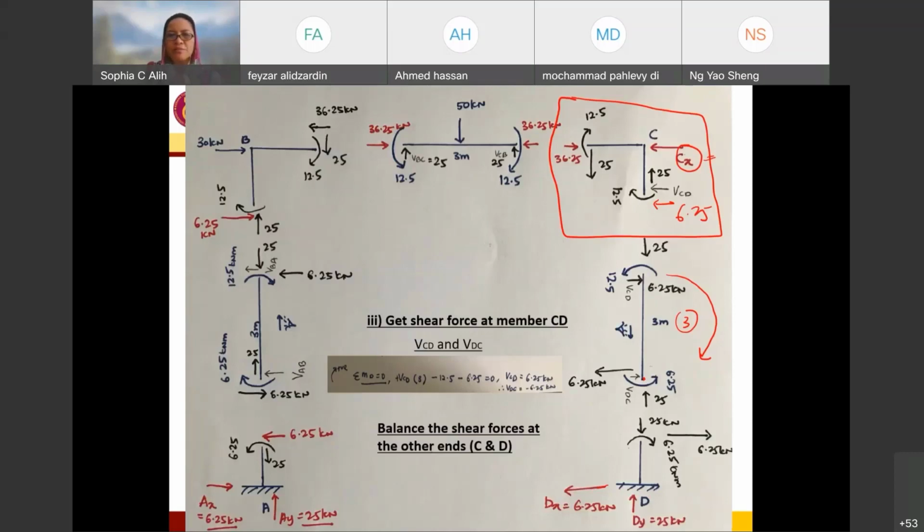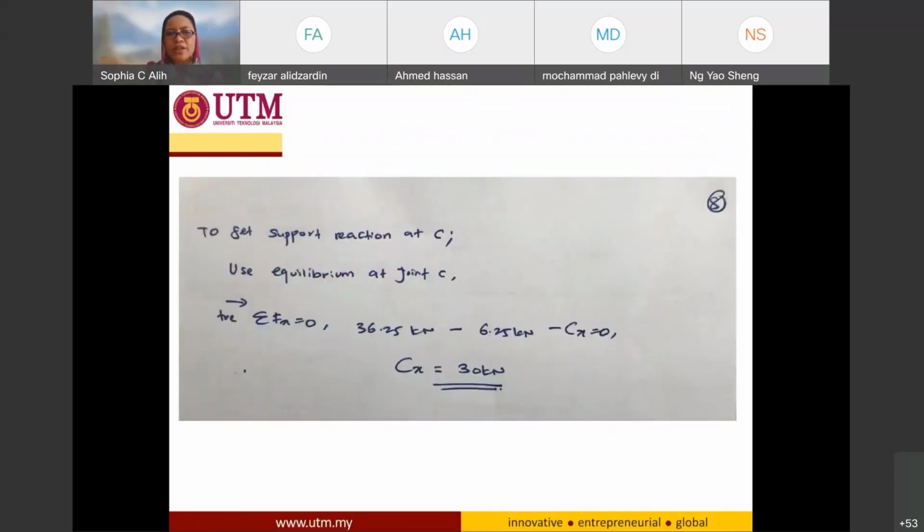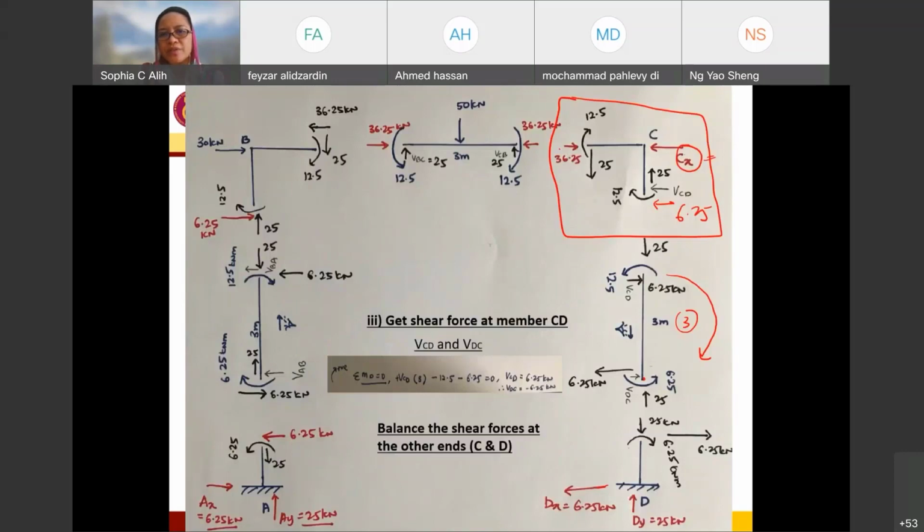Now in order to get my reaction at support C, I just need to do total Fx equal to 0. So in the x direction, I have this direction of forces, 36.25, and another one in here, opposite direction, 6.25.